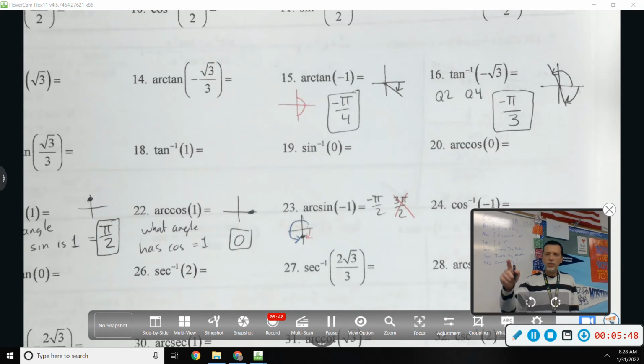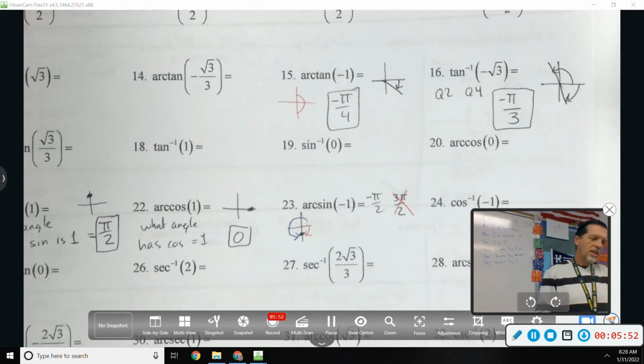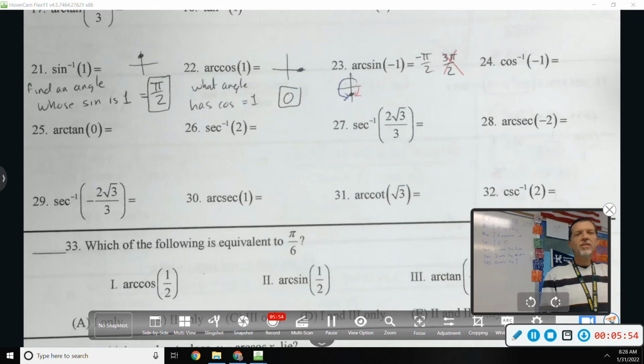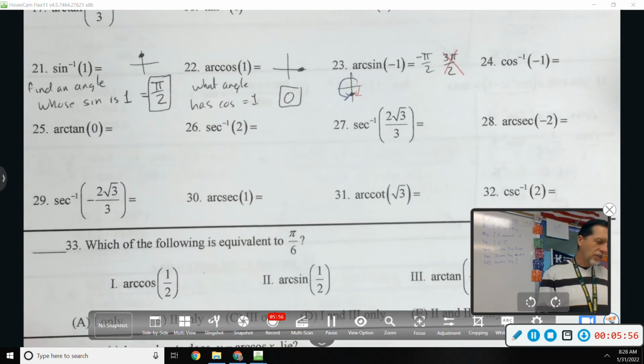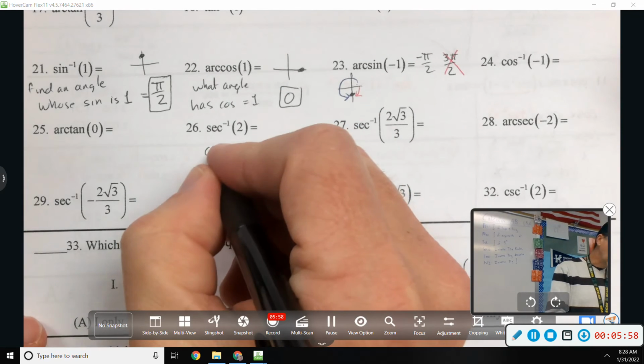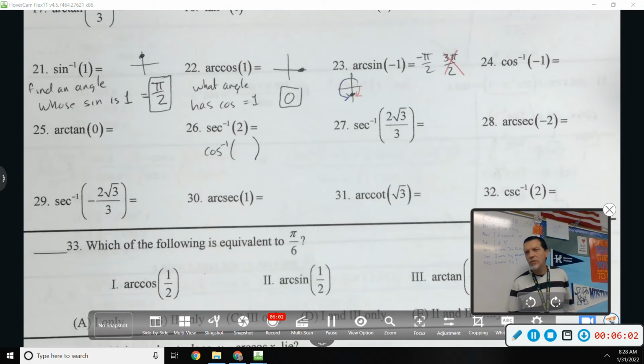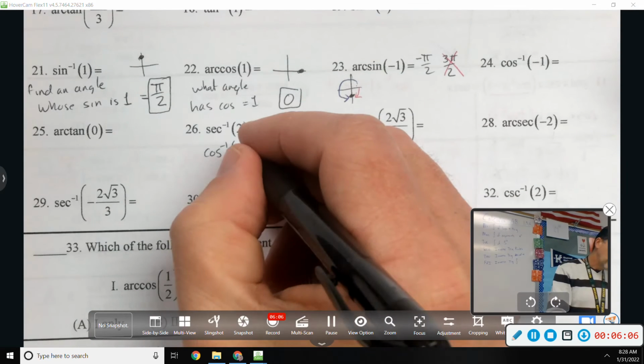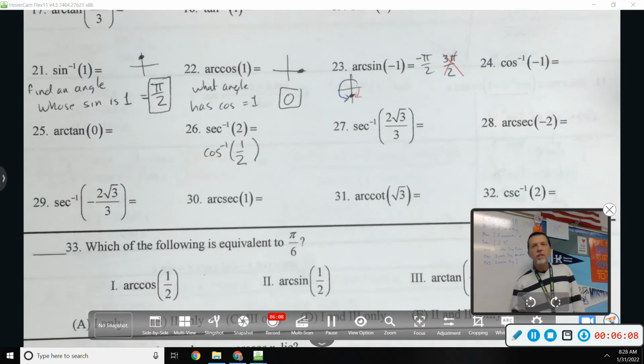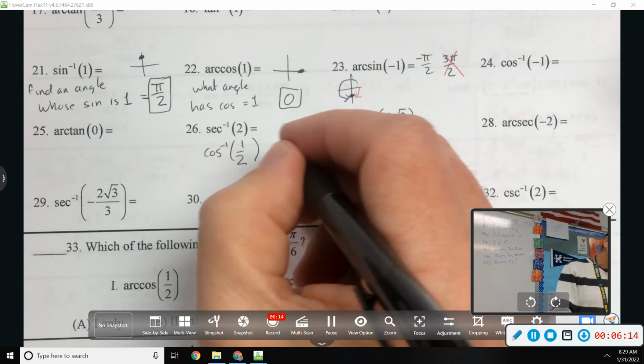And then 26. Inverse secant. I don't want to do inverse secant. So let's do inverse cosine. And what price do you have to pay if you're switching from secant to cosine? You got to flip it. Small price to pay for a big benefit. That's well worth it. Write it down. Let's see.